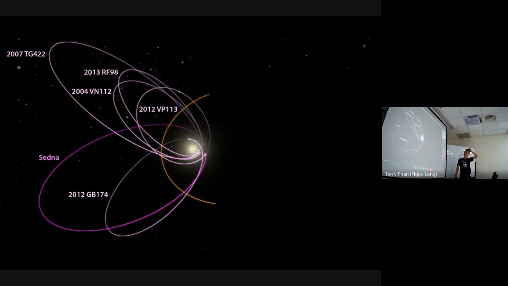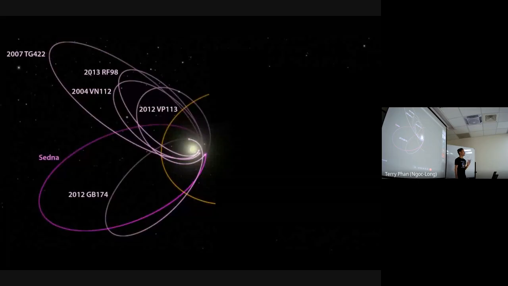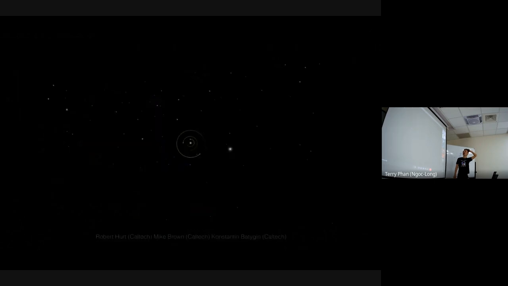And then the second mystery is expressed in orbital space. In simple words, here's the solar system, Neptune, and the objects are only on one side of the solar system. There's none on this side. Why? It is weird, right? If it's random, it should be everywhere. So what's going on?